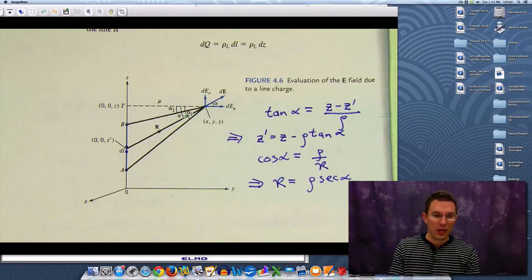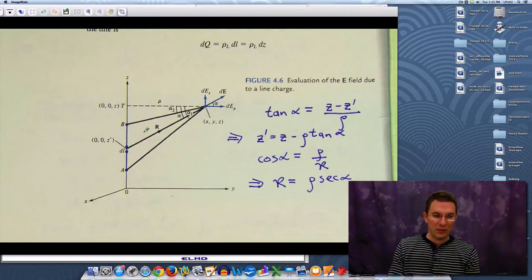Alpha is basically the angle between rho and this capital R vector. We're going to introduce this alpha angle in this way. And if you'll notice, the tangent of this angle alpha is z minus z prime, that's this distance, divided by rho, that's this distance right there.